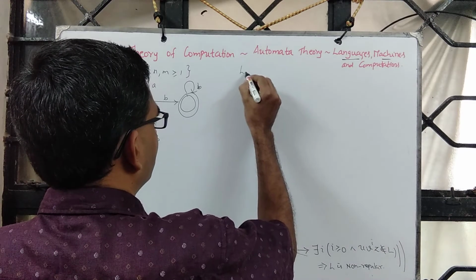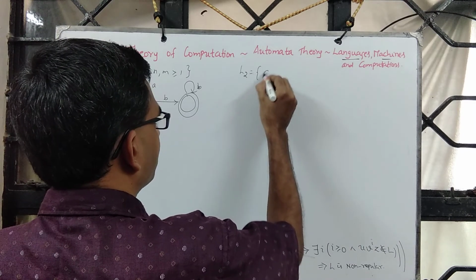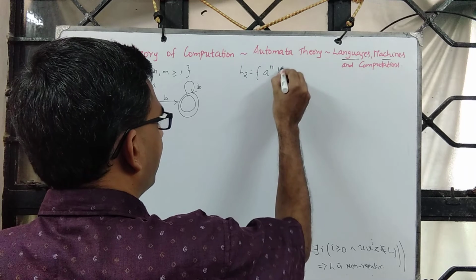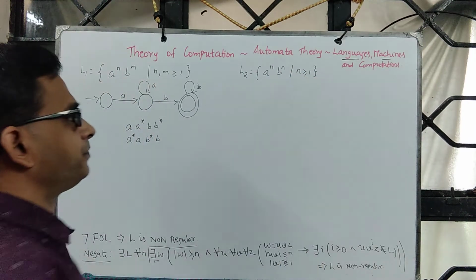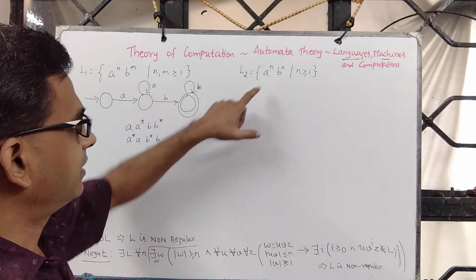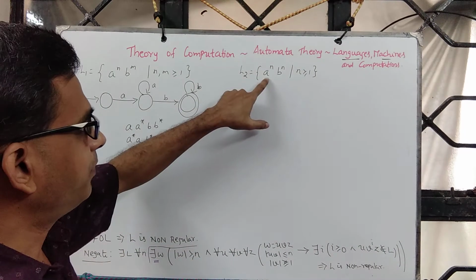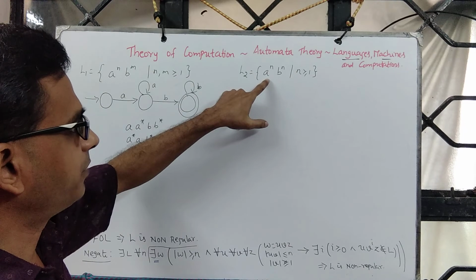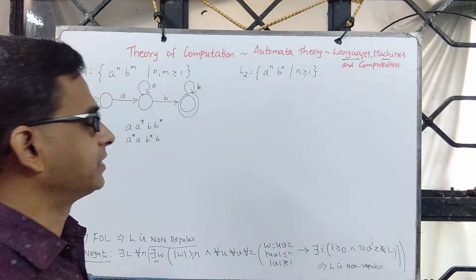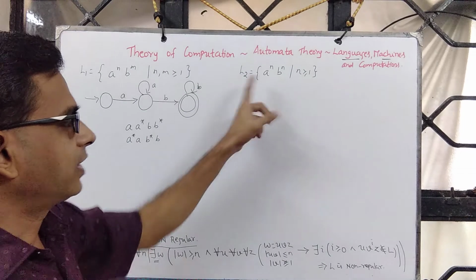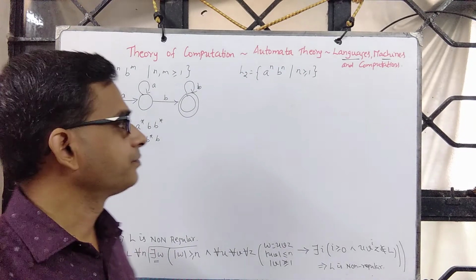Look at this language, which is closely related to this. It says a power n, b power n, where n is greater than or equal to 1. So what this says is that the number of a's read should be remembered, so that one can match with the number of b's, and their count must be the same.